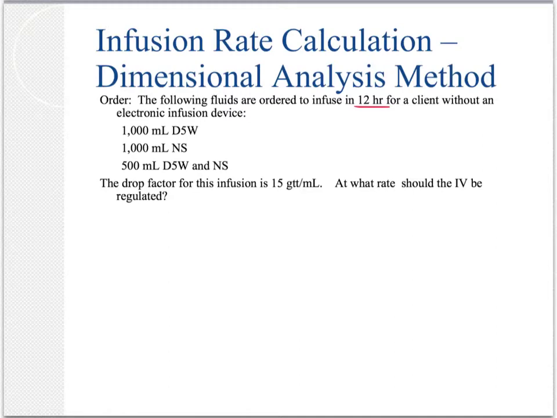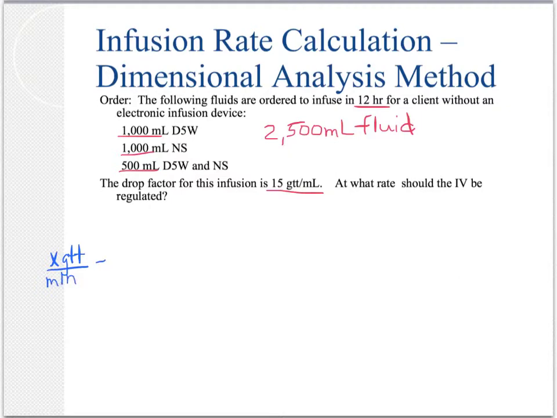We have a total volume of 1,000 plus 1,000 plus 500, which is equal to 2,500 milliliters of fluid. And finally, we have a drop factor of 15 drops per milliliter. We need to find drops per minute, so we're going to begin by writing X drops per minute.